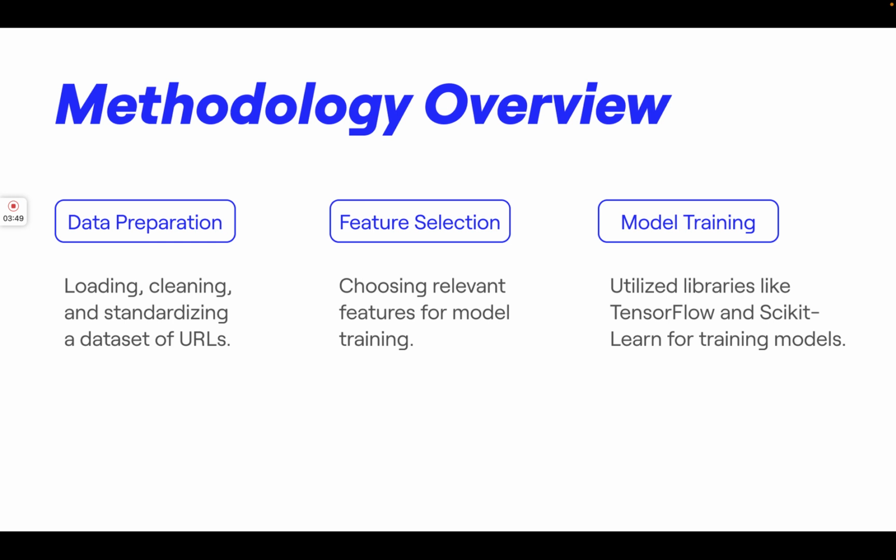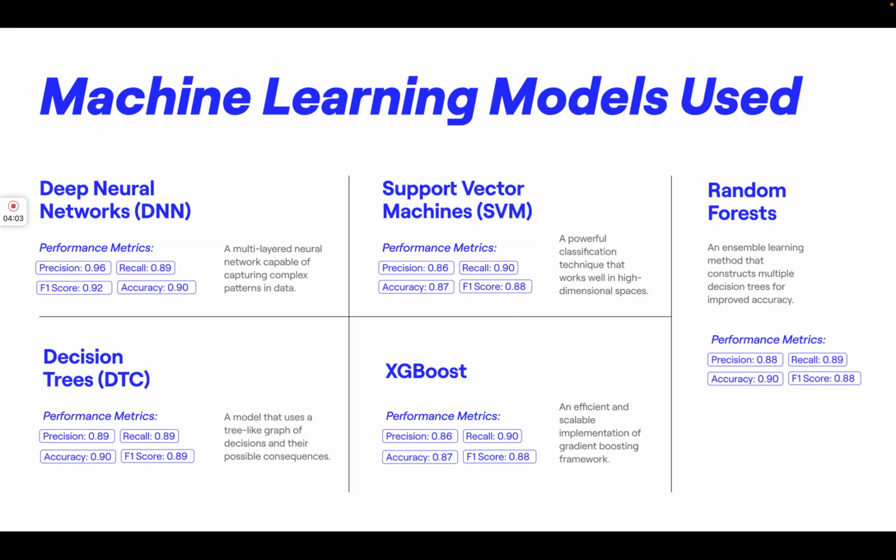I decided to go with libraries like TensorFlow and Scikit-learn, because these are efficient technologies for malware detection. The machine learning models that we used were DNN, support vector machine, random forest, decision trees, and XGBoost.